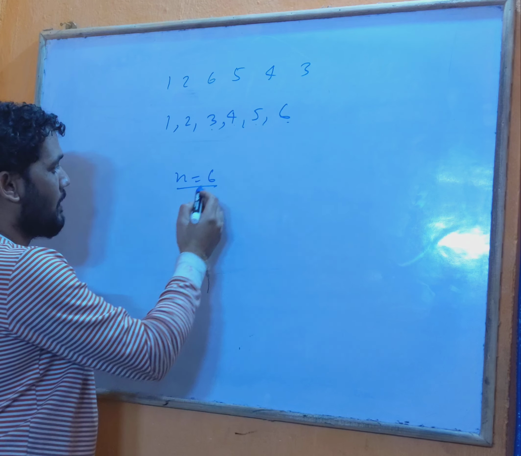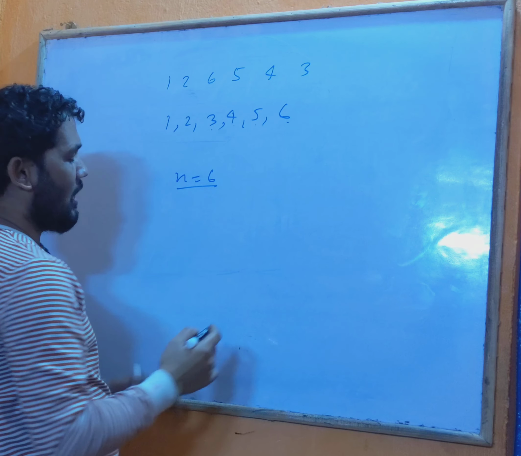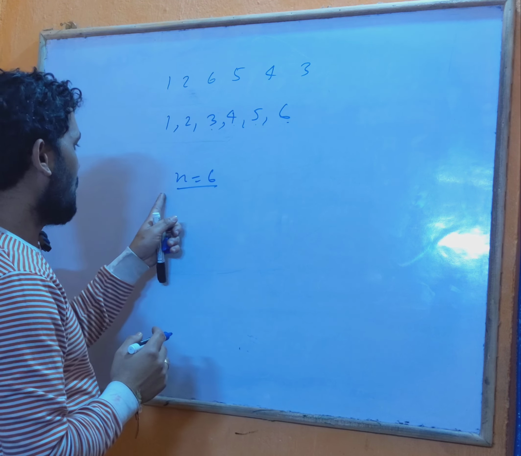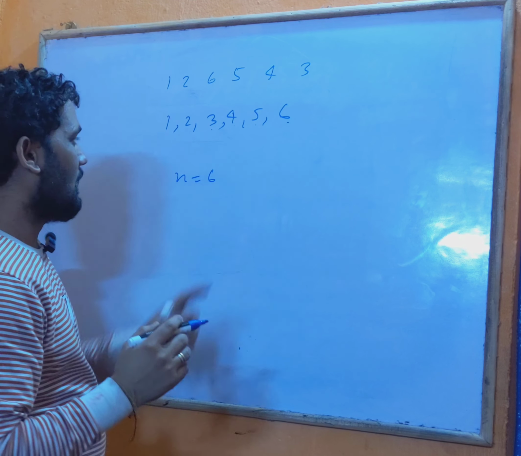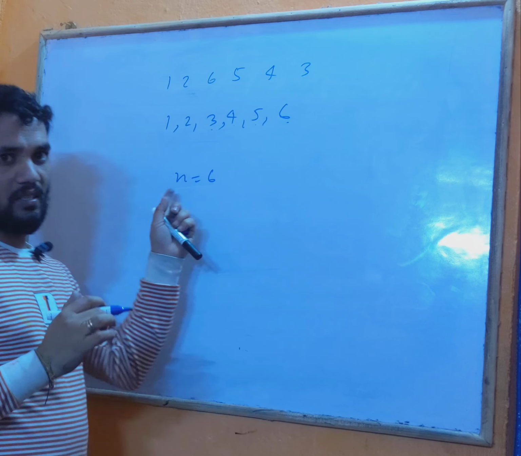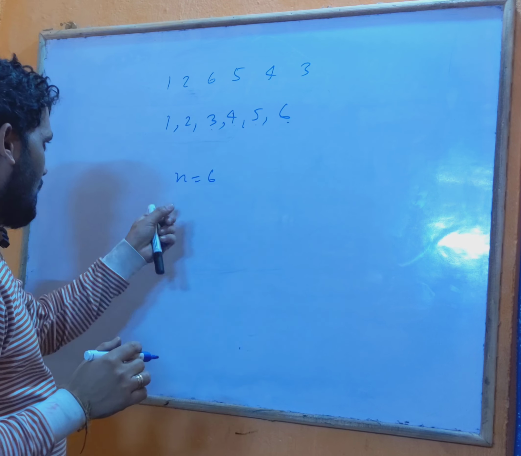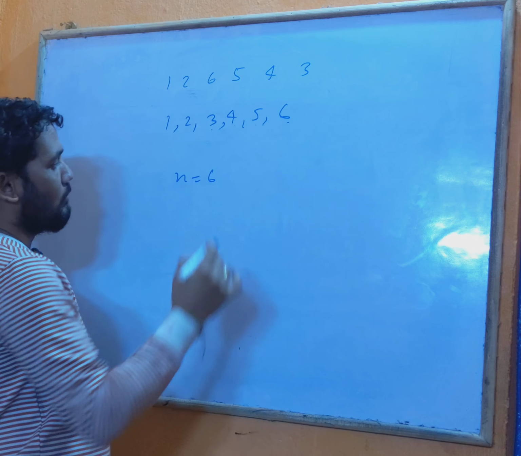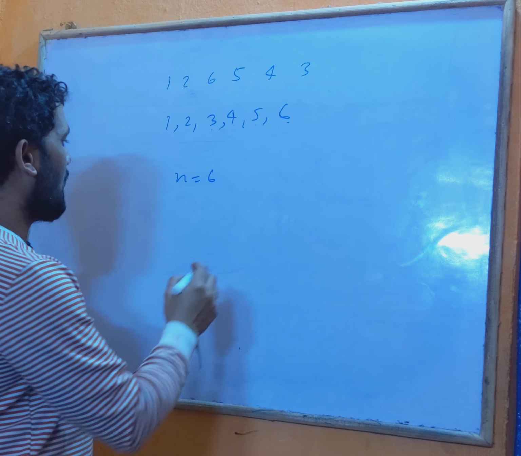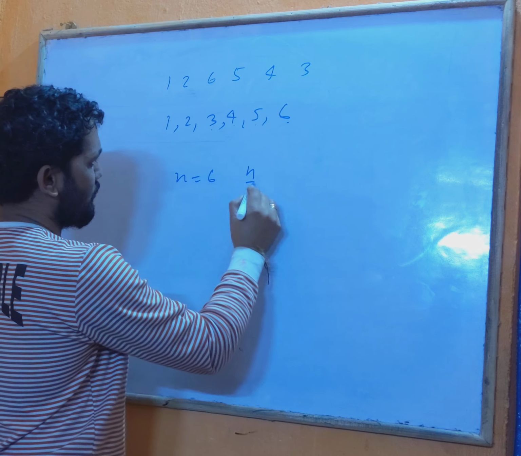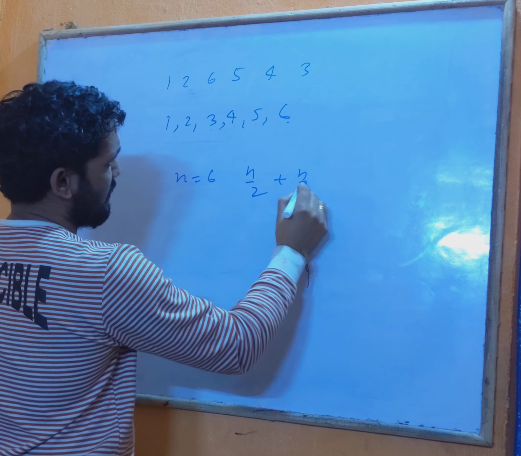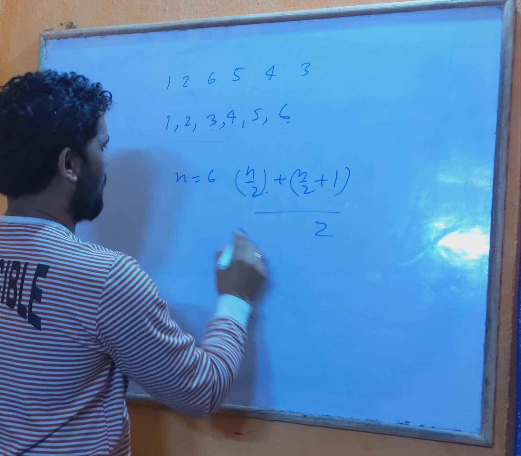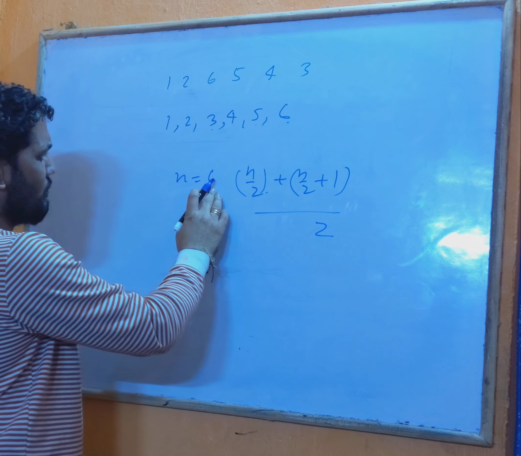If n is even, then there are two terms in the middle. So how can we find it? To calculate the median for even n, you have the formula: the n by 2 observation plus the n by 2 plus 1 observation, upon 2. So here n is equal to 6.